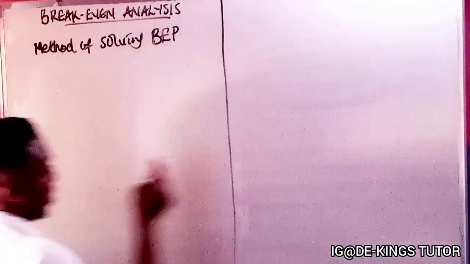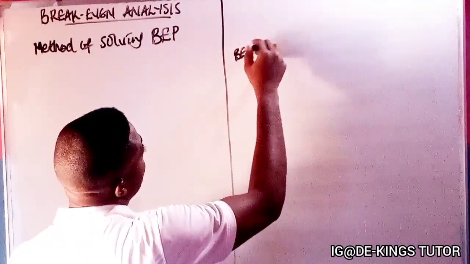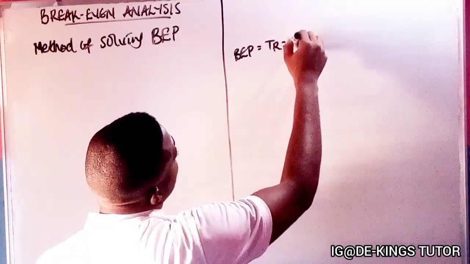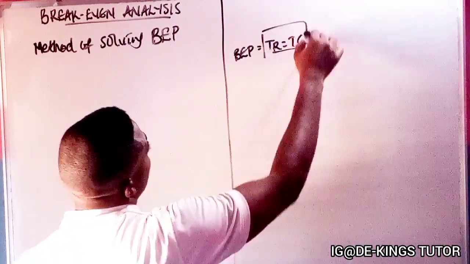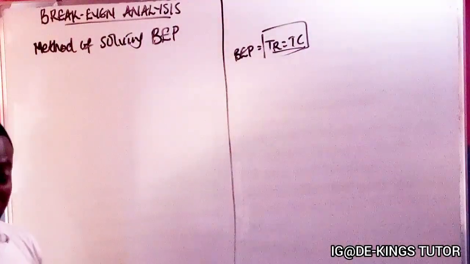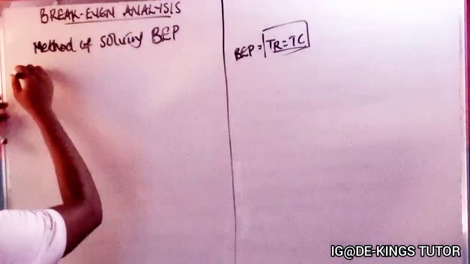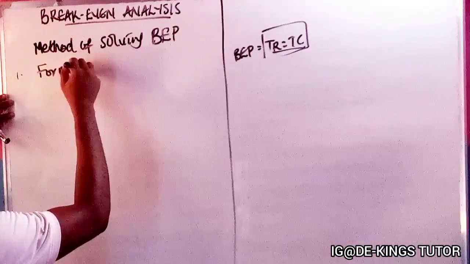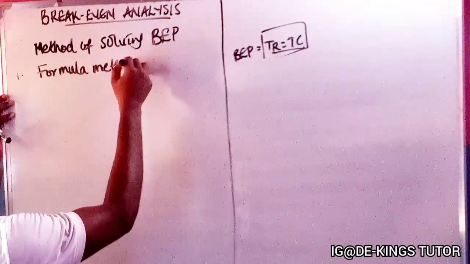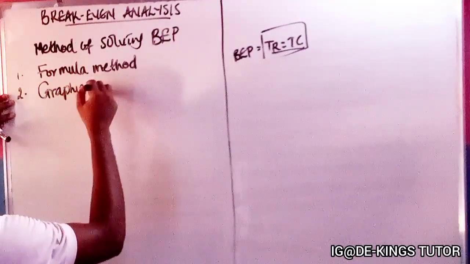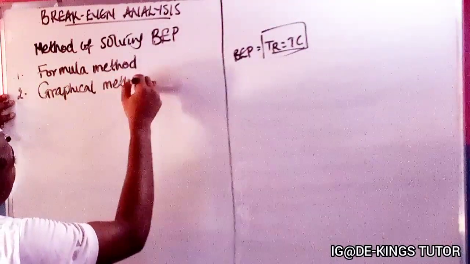Remember, the break-even point exists where the total revenue is equal to the total cost. The two methods are the formula method and the graphical method, or chart method.